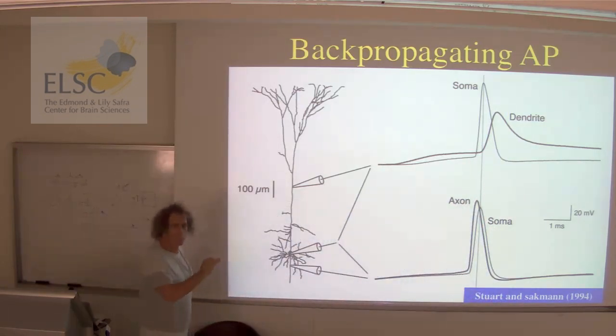This was a direct proof that there is a boosting, an amplification of the action potential that starts here back into the dendrites, and that's why they call it backward propagating action potential. It's not just spreading or attenuating, it's actively propagating in this direction, but it's not fully propagated. So it's a little bit weak action potential, sick action potential, semi-action potential.